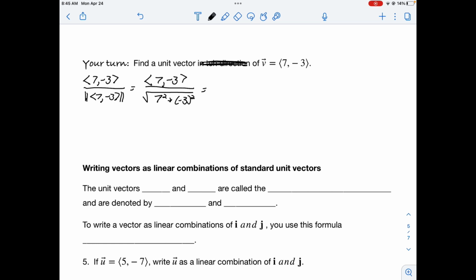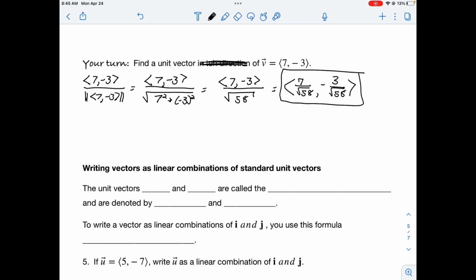And the square root of 49 plus 9 is the square root of 58. So I have the vector 7, negative 3 over the square root of 58. So that's multiplied by a scalar 1 over the square root of 58. So that becomes the vector 7 over the square root of 58 and negative 3 over the square root of 58. And that is your unit vector for this problem, vector v.